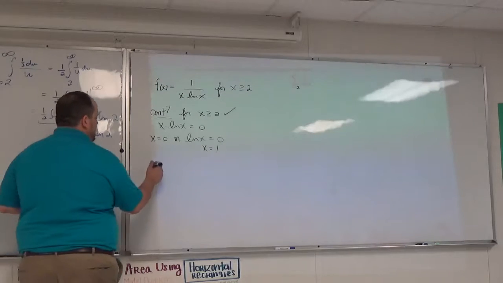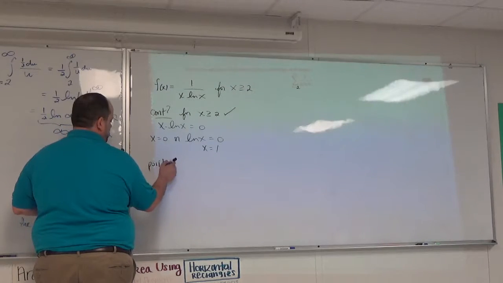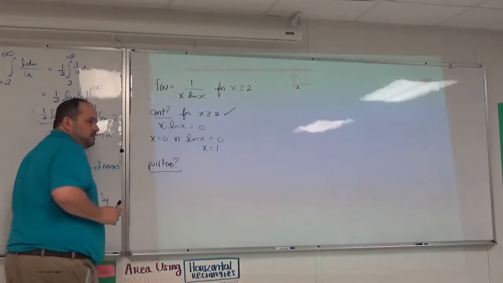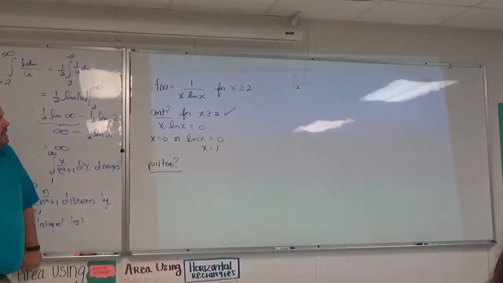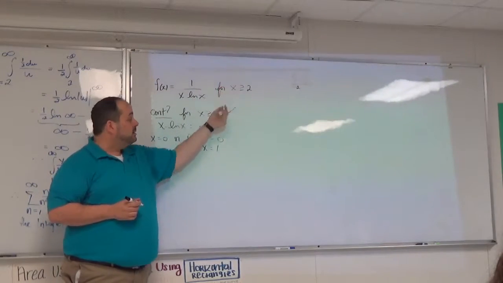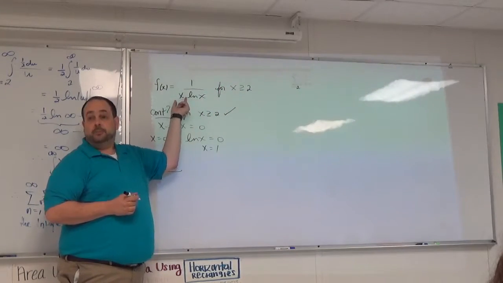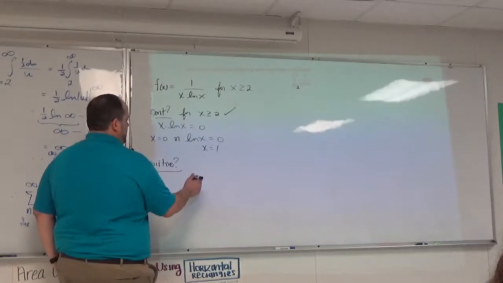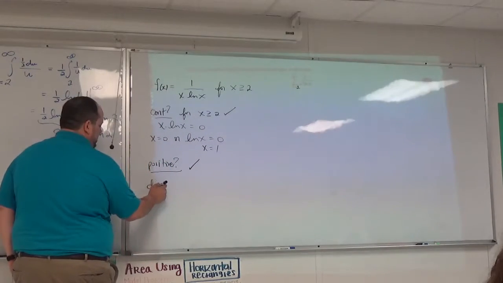Next thing. Positive. Is this positive? X times the natural log of x. The graph of the natural log of x is positive after 1. X is positive. 1 over positive is positive. Check. Decreasing.